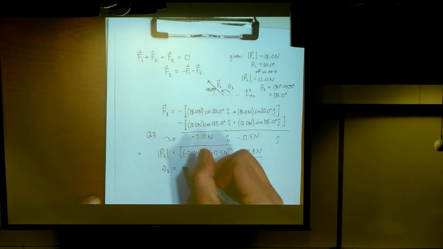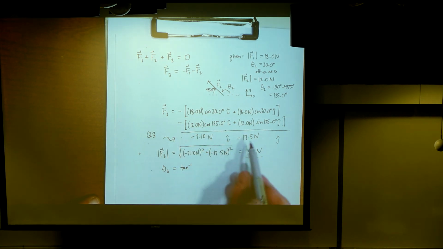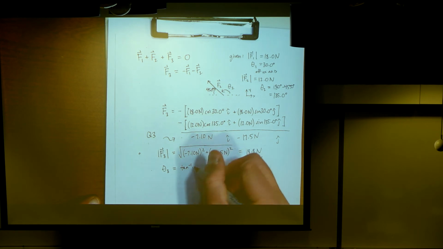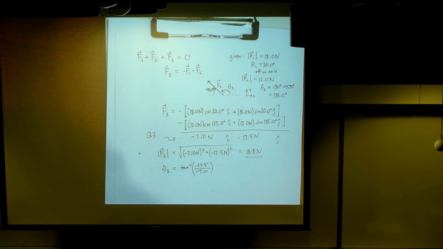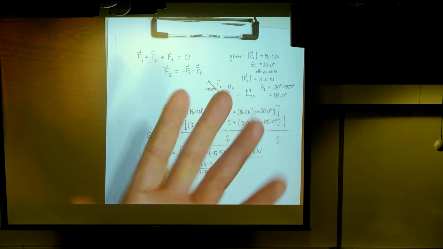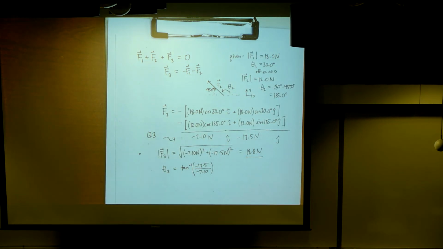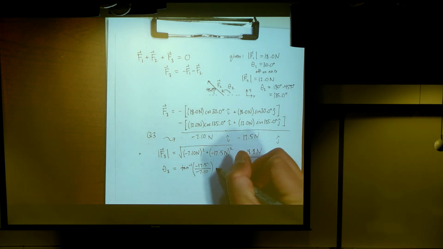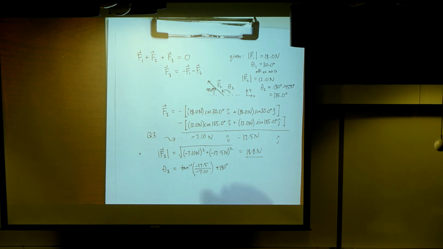If we take the inverse tangent of this y component divided by this x component, but then since I'm in quadrant 3, if I want to end up with an angle that's off the x-axis, what would I do to this? Then I would add 180. So I just want this to come out for our purposes as an angle, some number of degrees off the positive x-axis.